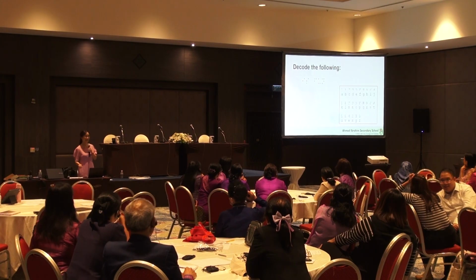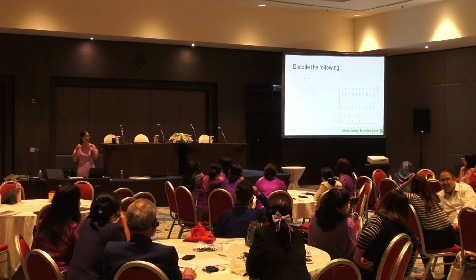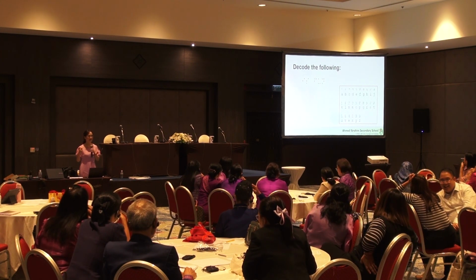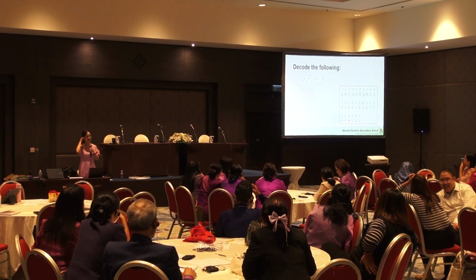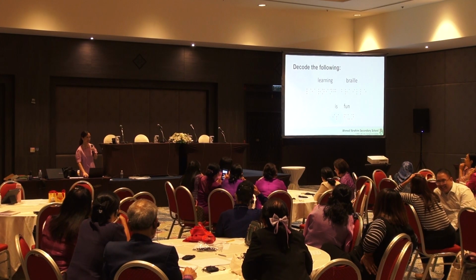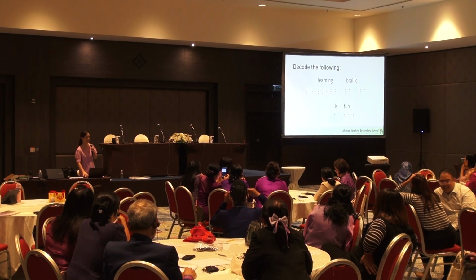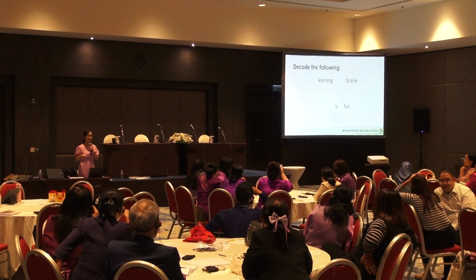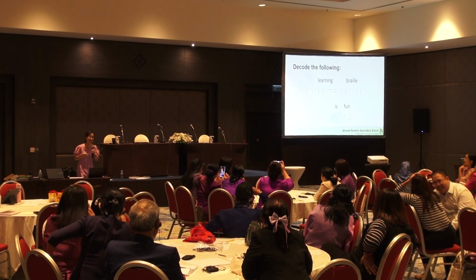Quite towards the back. U. Yes, correct. It's U. And then the last letter? N. Correct. So what is the full phrase? Learning Braille is fun. Is it fun? Yes, so learning Braille is fun.